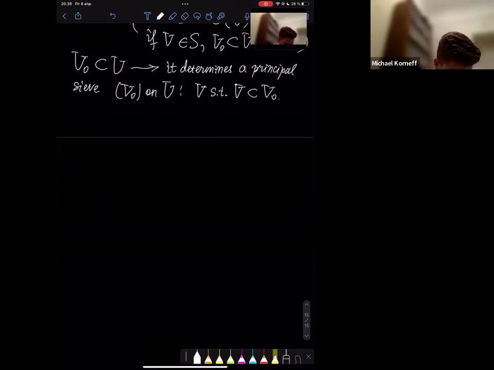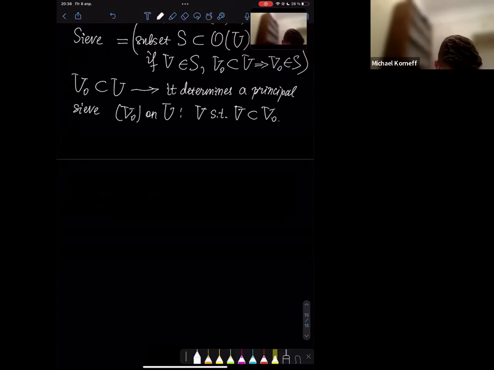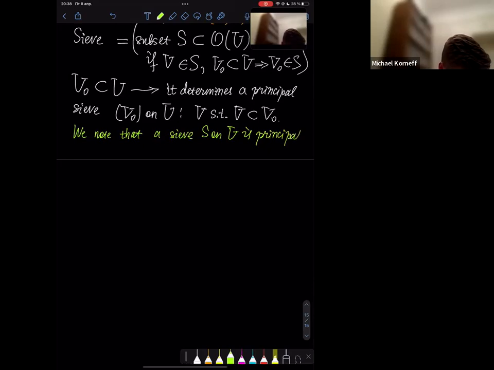And we note that a sieve S on U is principal if and only if the subfunctor S of the representable presheaf is a subsheaf.